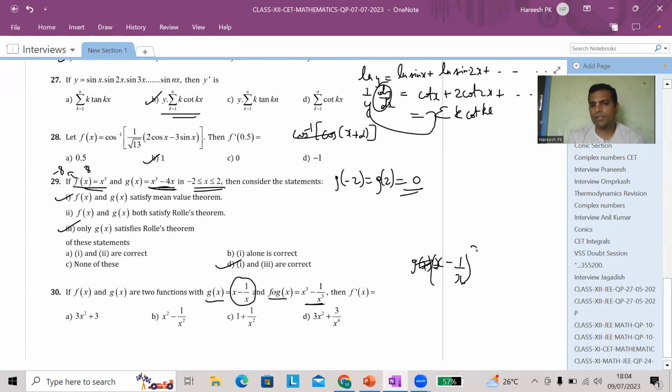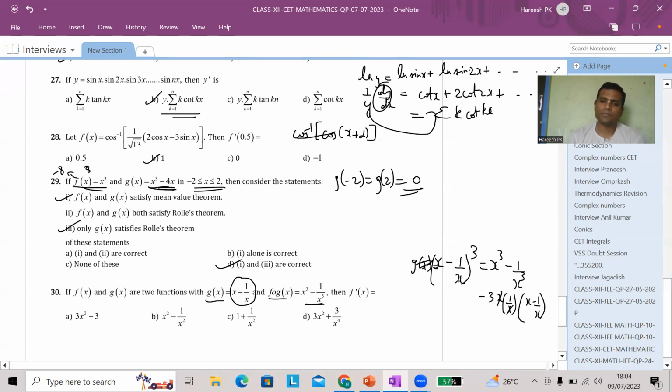Let's see. (a minus b) whole cube is a cube minus b cube minus 3ab into a minus b. So this gets cancelled, right? So g of x, x minus 1 by x whole cube, if I cube this, I get this.